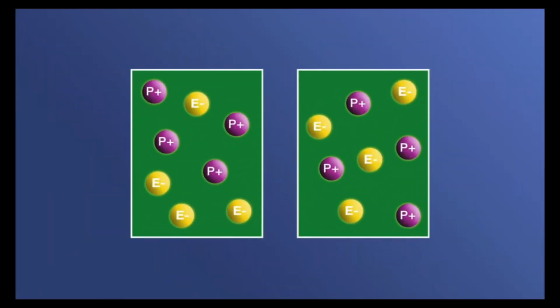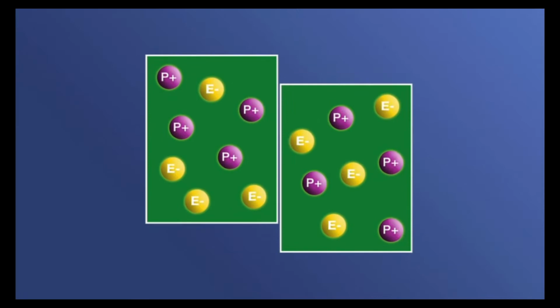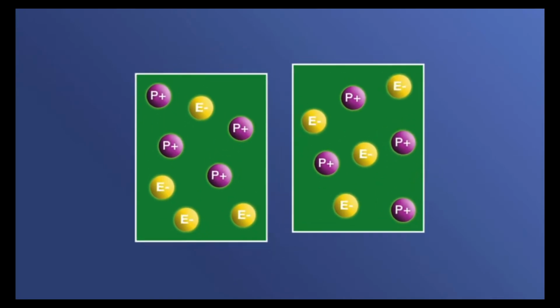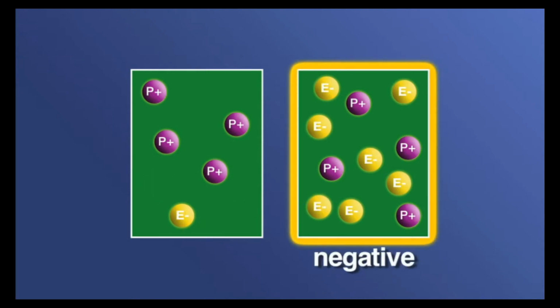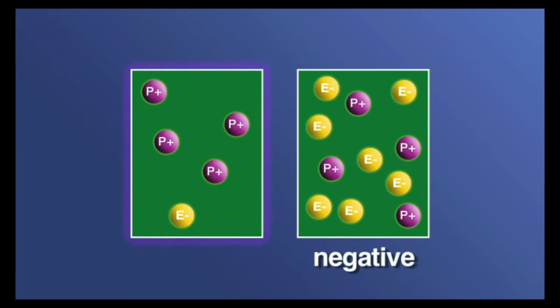Most materials are neutral, which means they have the same number of protons and electrons. Friction between two objects may cause electrons to move from one material to the other. When the electrons are added to a material, the material has a negative charge. When electrons are taken away from a material, the material has a positive charge.